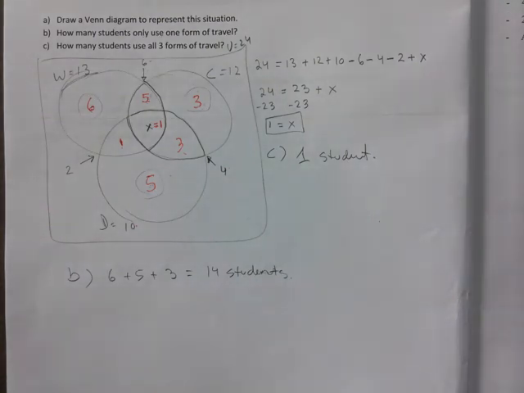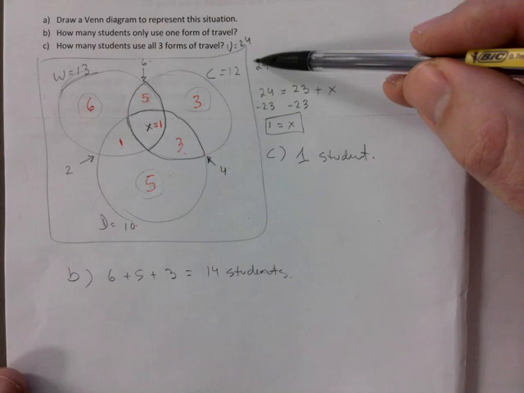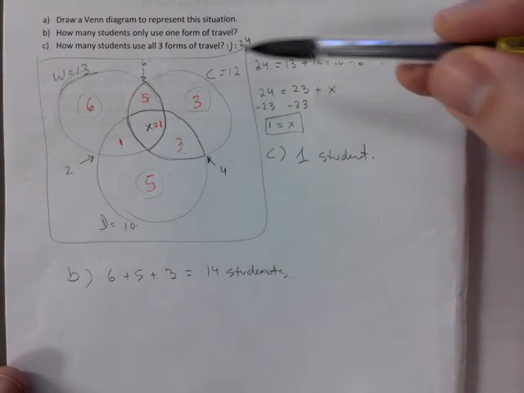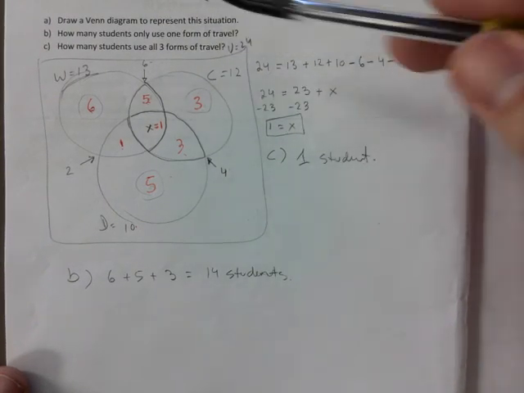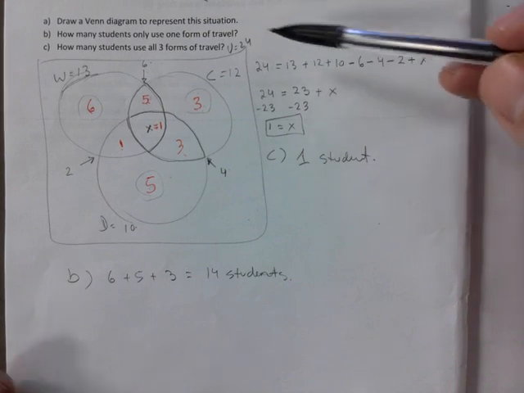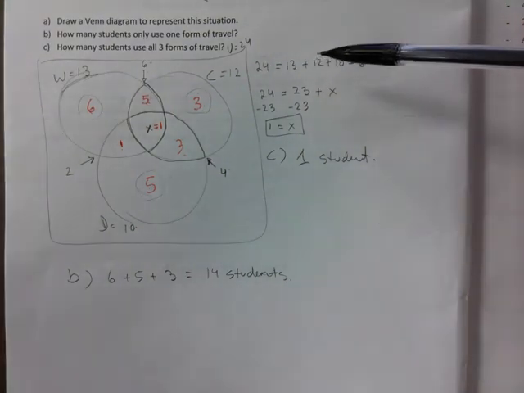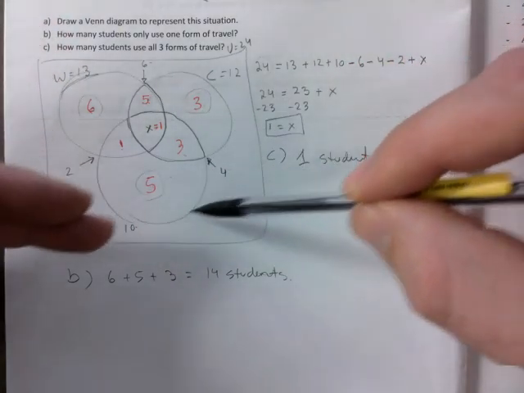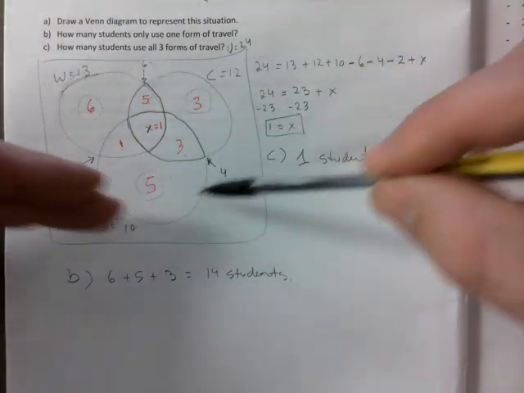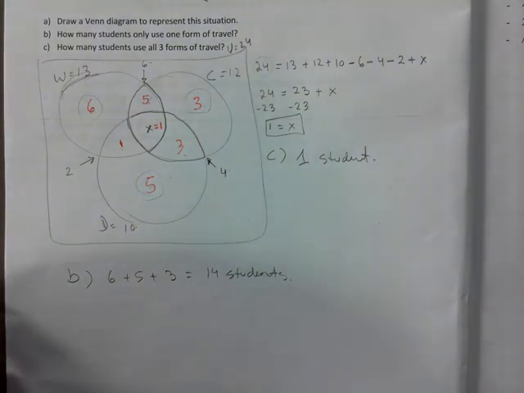No outliers? But if there are outliers, please do not forget, right? You're going to go 24 minus any outliers. If they're mentioned, you take that away, because when you're using pi, you're not working with outliers. You're only working with the numbers that are in those sets when you combine them.